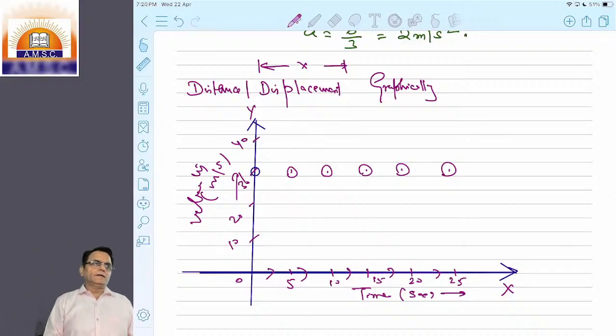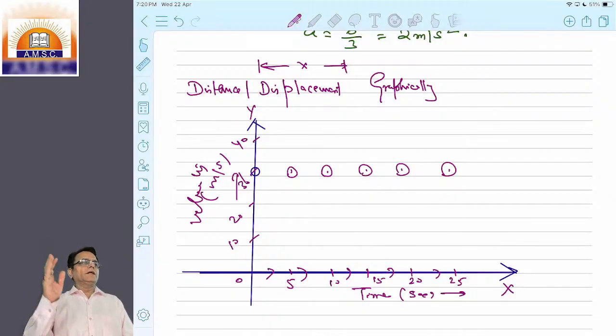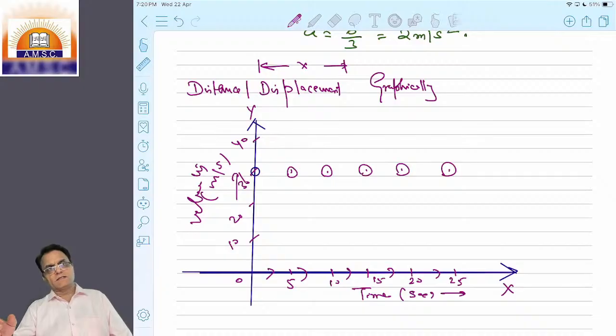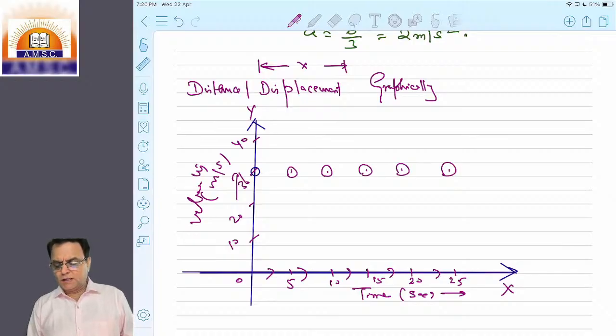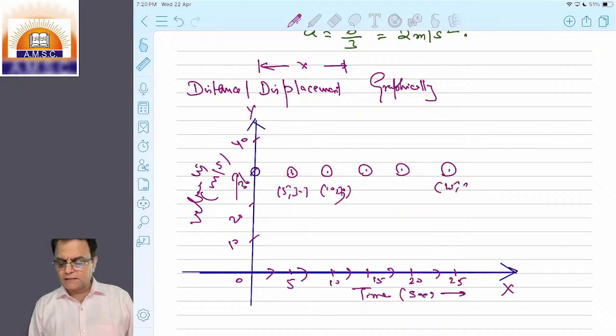My question is: let us consider an object starts moving right from the beginning with a speed of 30 meter per second, and it keeps on moving till 25 seconds. The speed remains 30. That means in 5 seconds the speed is 30, in 10 seconds again the speed is 30, in 25 seconds the speed is again 30.